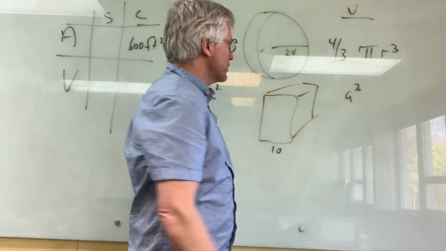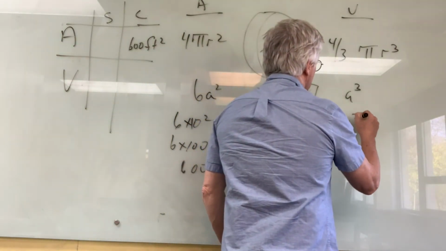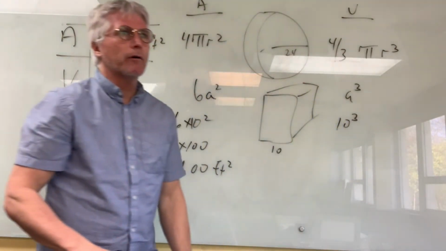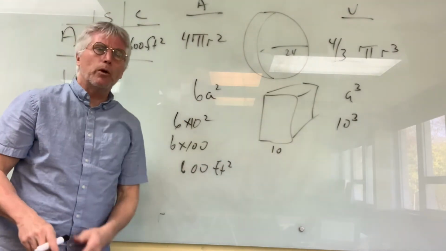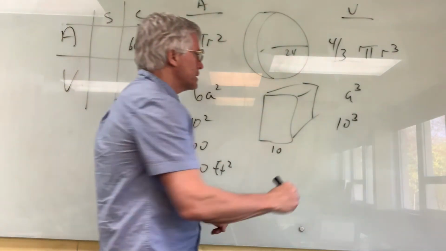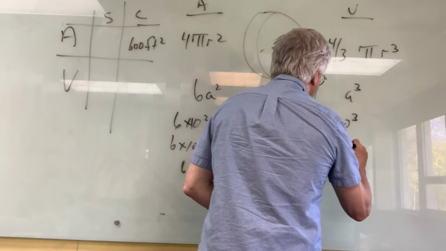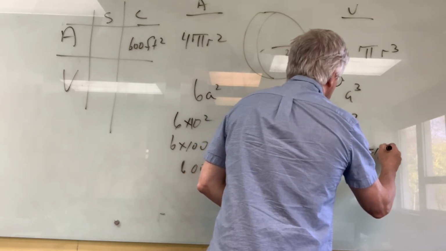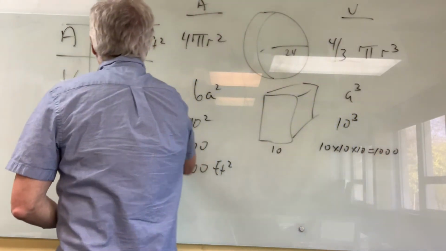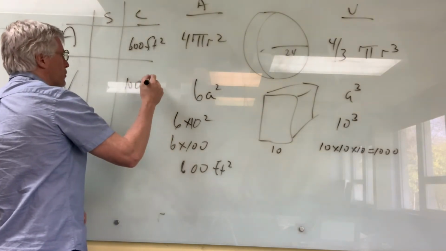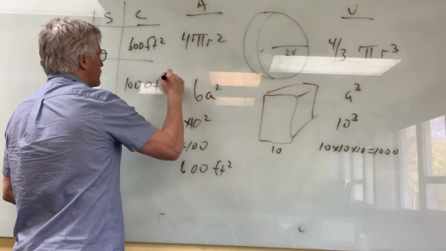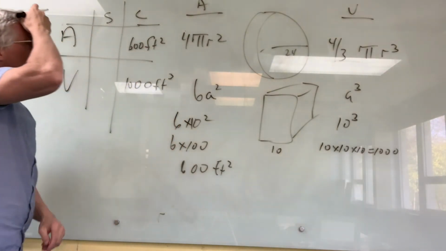It's the side, which is 10, cubed, or to the power of 3. So if you're going to fill this with water, say, it'd be 10 times 10 times 10, which will give you 1,000. And that would be cubic feet, cubic rather than square.